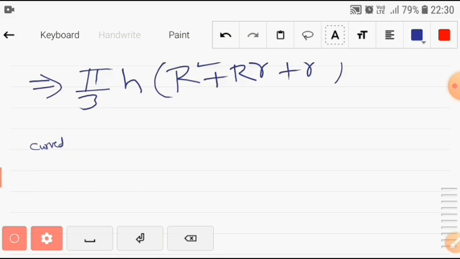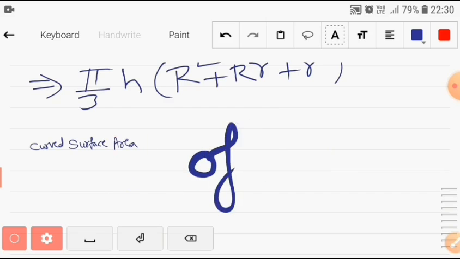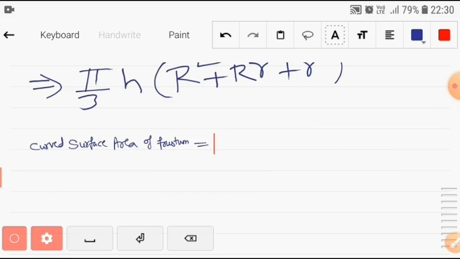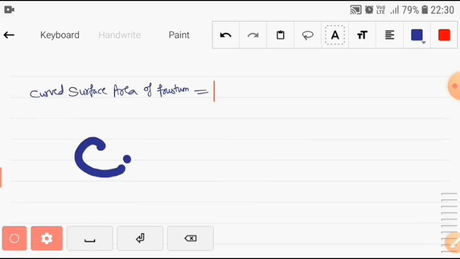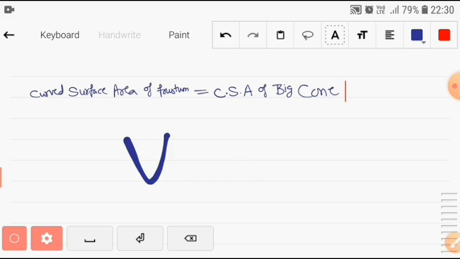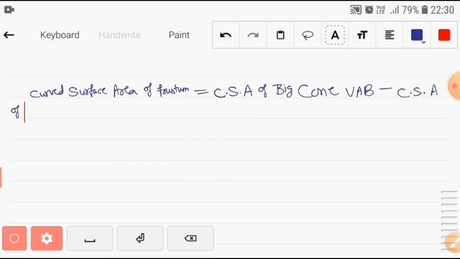Curved surface area of frustum is equal to curved surface area of big cone VAB minus curved surface area of small cone VAB. Okay, next line we'll write.